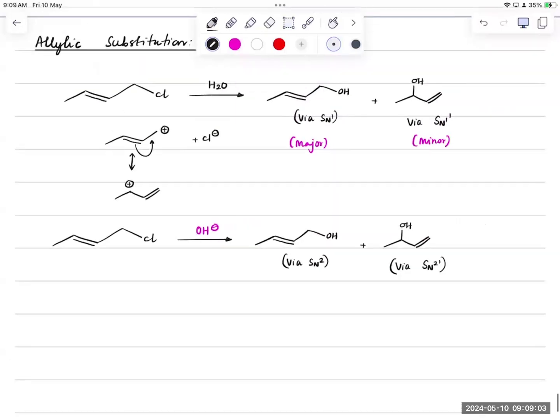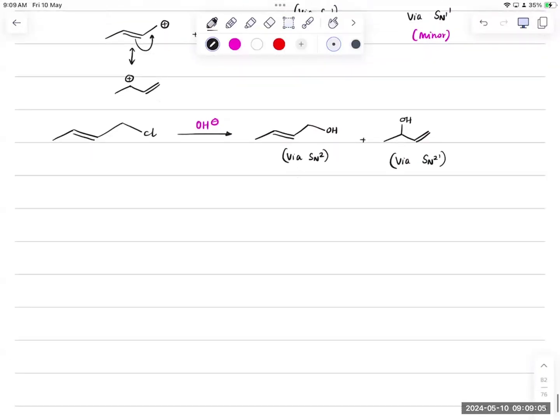The idea is the same. Okay. So now this time OH minus will attack on this position, pi will move here, and Cl minus will come here. And remember, major product in this case will always be SN2 prime. So this is major product and this is minor product here.